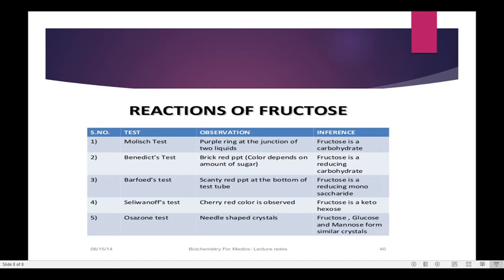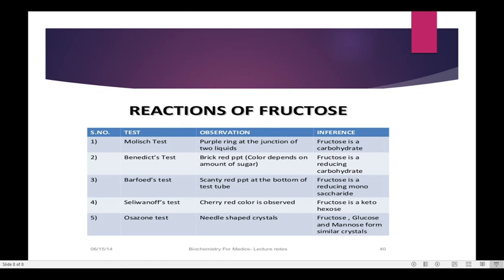Fructose also reacts with Benedict's reagent to give a brick red precipitate, which indicates that fructose is a reducing carbohydrate. Again, fructose reacts with Barfoed's reagent to give a scanty red precipitate at the bottom of the test tube, which indicates that fructose is a reducing monosaccharide.